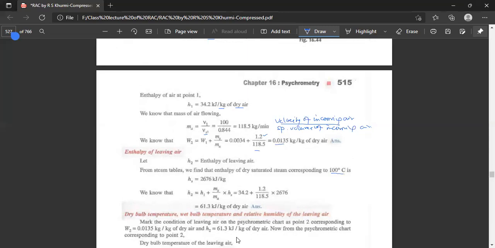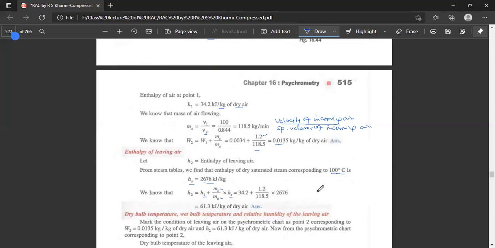From the steam table, we get Hs as 2676 kilojoule per kg. So Hs is available. We have the mass of steam coming in and mass of the air coming in, so both are available here. Plus H1 is available here. So H2, the enthalpy of the outgoing air, is available as 61.3 kilojoule per kg of dry air.